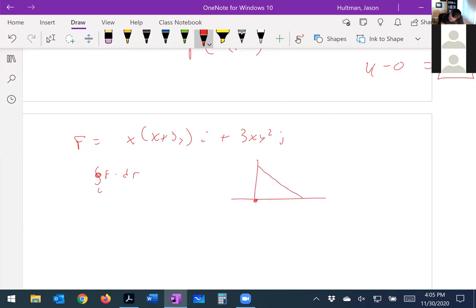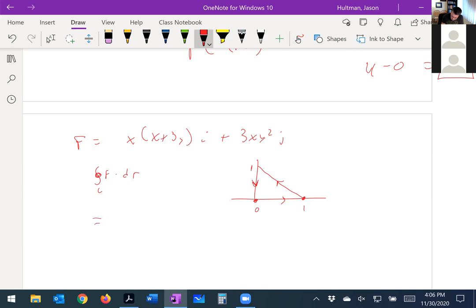I start at the origin, then move to 0, 1, and I'll call this step 2, and then step 3 goes back again. So there are 3 steps along this line integral over this force field.